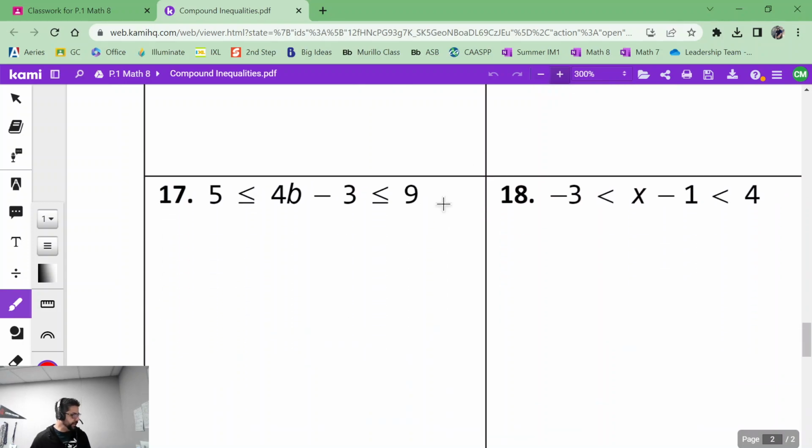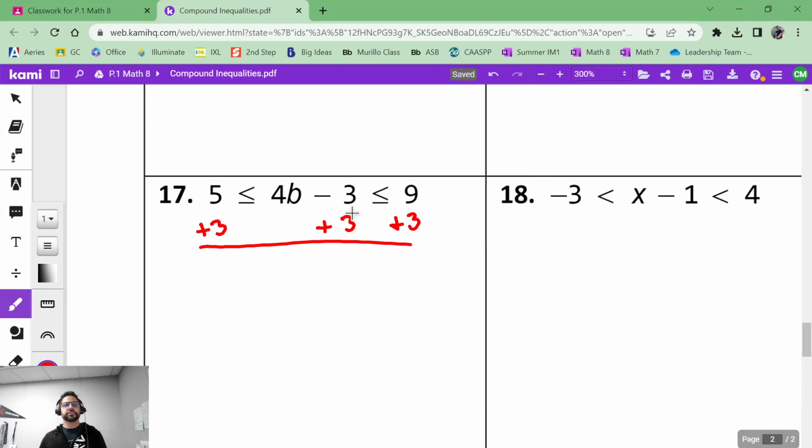All right, for number 17, again, start in the center. This is definitely an and problem, so be careful with that when you are doing your graphing. So let's see, add 3 to the middle, left, and right. I always do it in that order, middle, left, right.